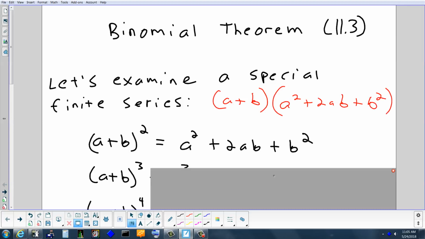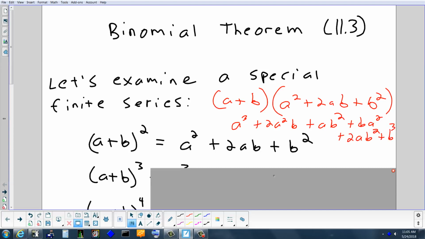So if we just write it out real quick, distribute the a to everything, a cubed plus 2a squared b plus ab squared, and now distribute the b, plus ba squared plus 2ab squared, b squared, and then plus b cubed.